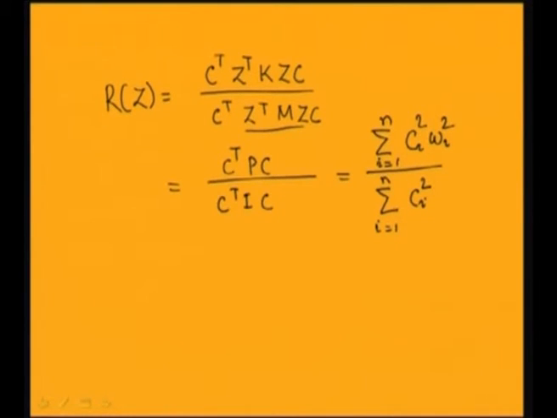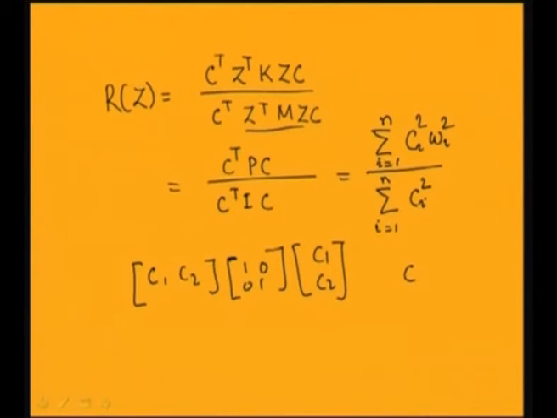You can verify this by taking a 2 by 2 matrix. Let me take C equal to C1 C2, multiplied by a unit matrix, 1 0 0 1, and this will be equal to C1 C2.